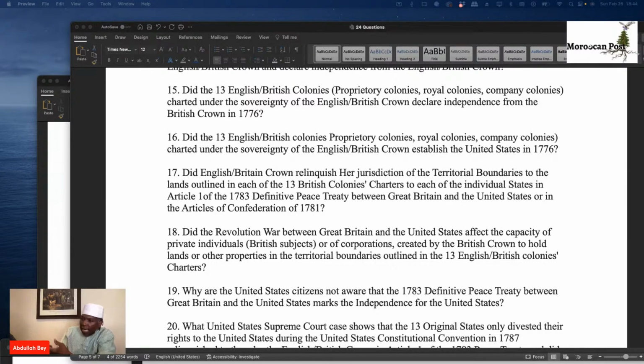Arlington and Alexandria was ceded by Virginia State and retroceded to them. He's right. I'm providing evidence that he's right. Article 1 of the Definitive Peace Treaty between Great Britain and the United States, viz. People versus Godfrey. He's right, but I'm going to explain and give evidence that he is right.